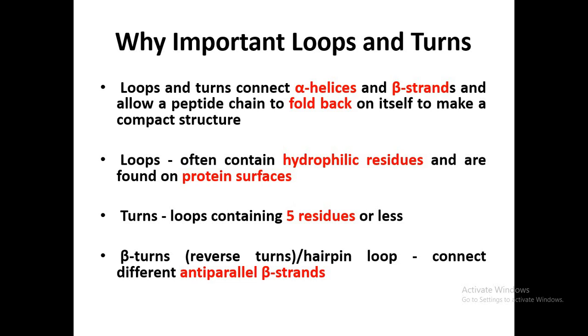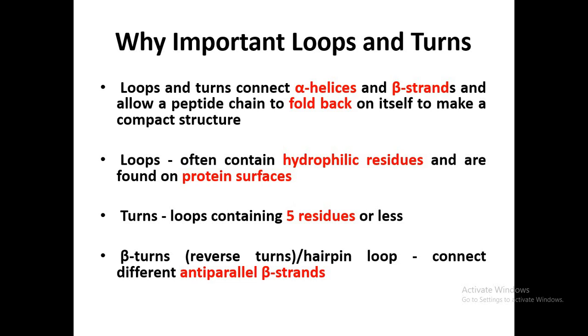For example, if a turn connects two beta strands, due to the turn these beta strands can be converted from parallel to anti-parallel, meaning a beta strand or beta sheet can change its direction.